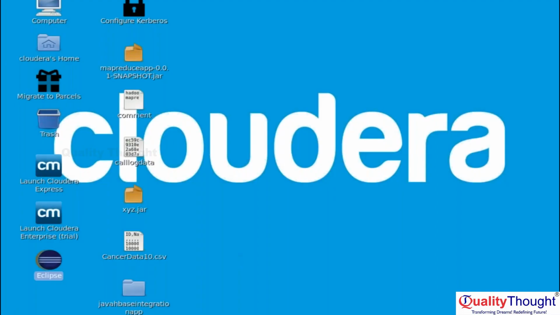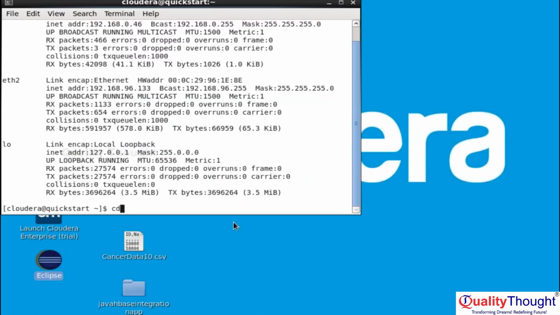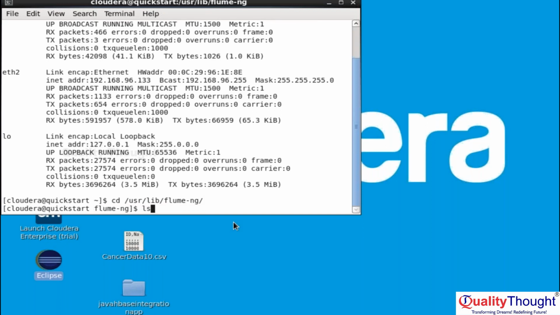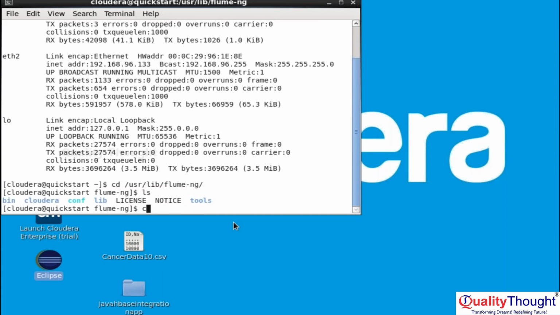In Cloudera, cd to /usr/lib, there is flume-ng. Do ls, then cd config.